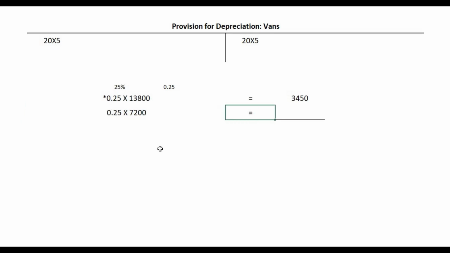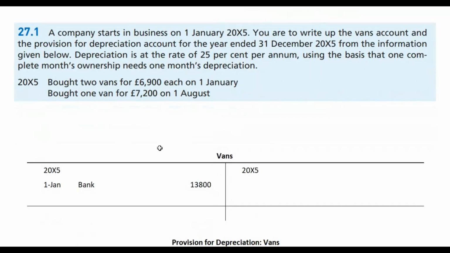So what we will get if we multiply 7,200 with 0.25 is 1,800, but this amount is for 1 year because the rate of 25% given was for a complete year. If you take a look at the question carefully, they said that the company bought this van in August and we are making ledgers till December, which means the third van is only 5 months depreciated.